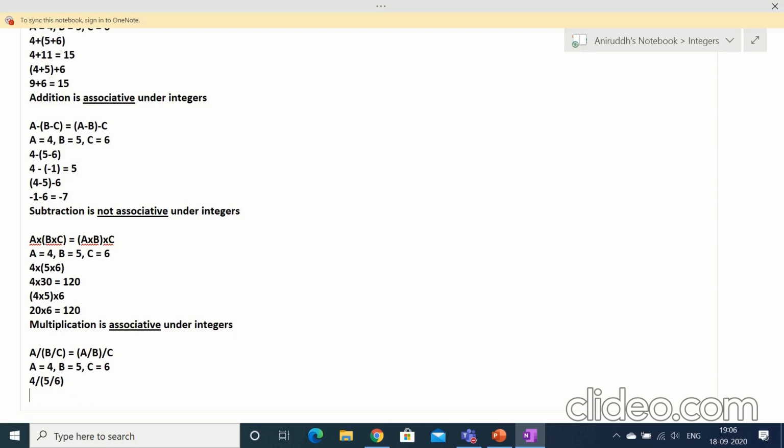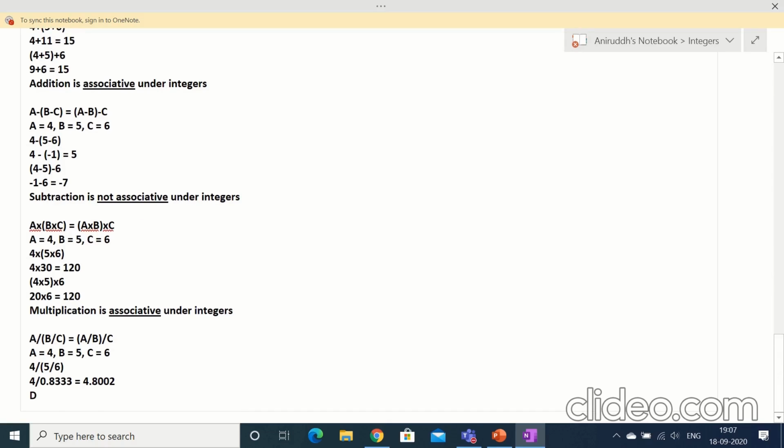Well, let us check 4 divided by 0.8333. 4.8002, which is not an integer. So we'll leave division. We can directly say that division is not associative under integers.